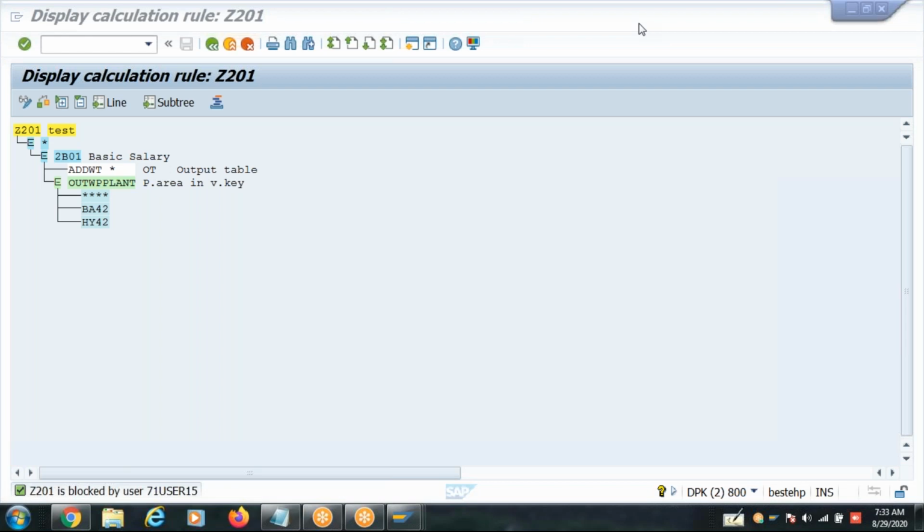I want to read the personal area which is there in the very first split. Anyone?